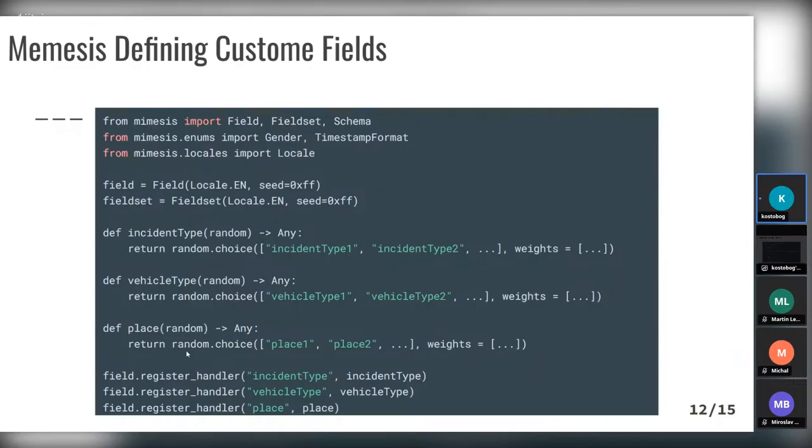Each function is defined for the particular field type. So the incident type, it has a bunch of types, a random choice, and I am giving it some weights. So there is a weight for each of these incident types. The same for the vehicle types and the places.